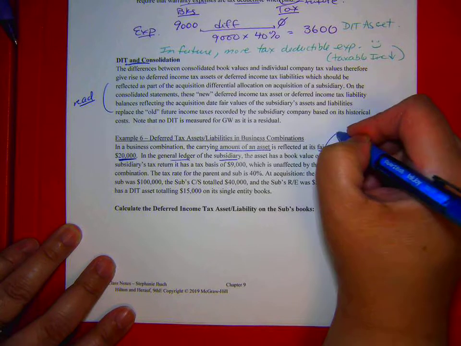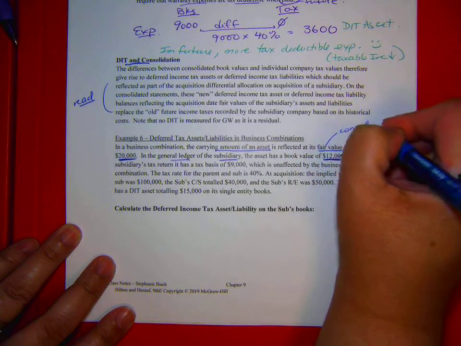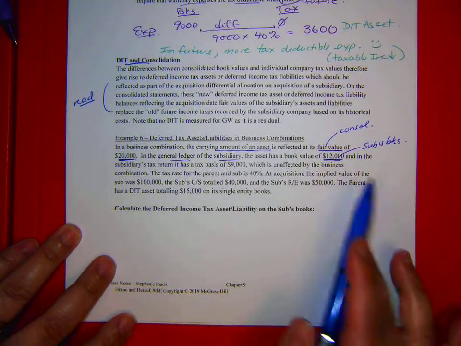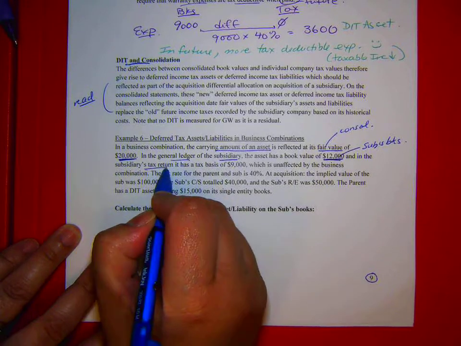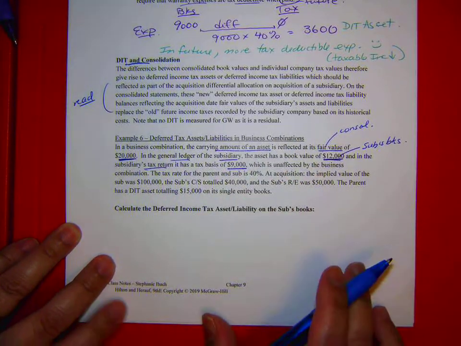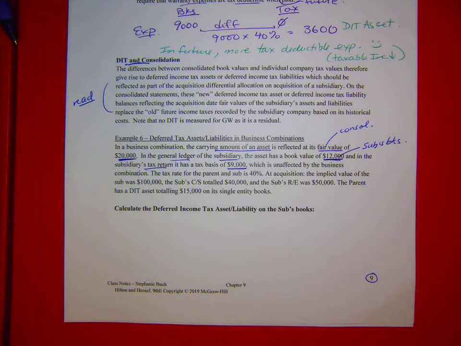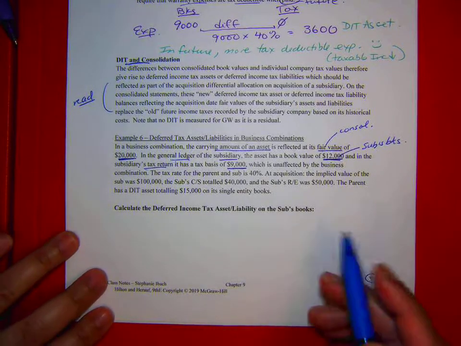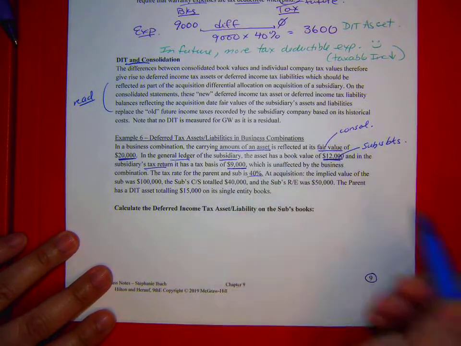And this would be on consolidation. The subsidiary's tax return has a tax basis of $9,000, which of course, as we know, is unaffected by the business combination because tax is calculated on the separate entity's books. Tax rate for parent and sub is 40%.